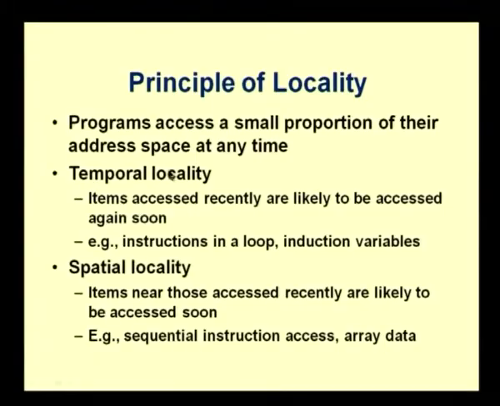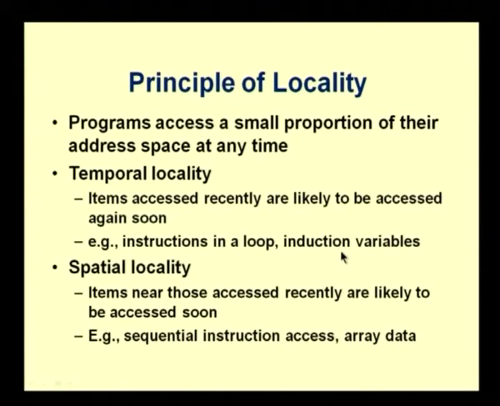If a particular instruction has been accessed within, say, 10 instructions in the loop, after the 10 instructions are over, again you will come back to the first instruction. So the instructions in a loop have this property of temporal locality, that they will be accessed again and again in time. Maybe after 10 instructions, maybe after 20 instructions, but it will get accessed again.